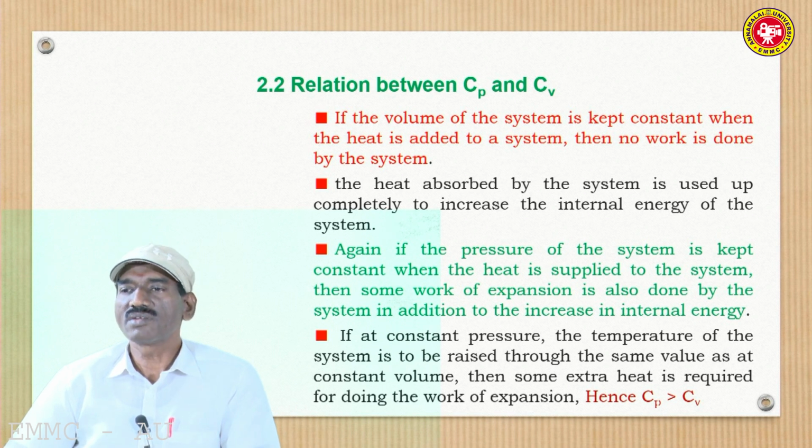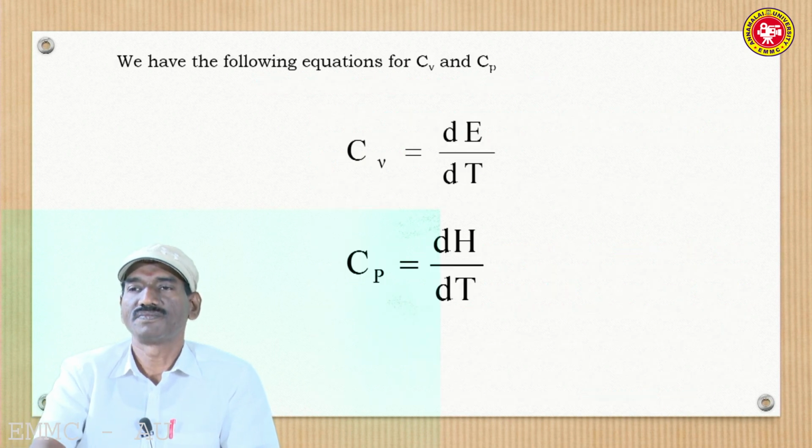If at constant pressure the temperature is to be raised through the same value as at constant volume, then some extra heat is required for doing the work of expansion. So Cp is always greater than Cv.